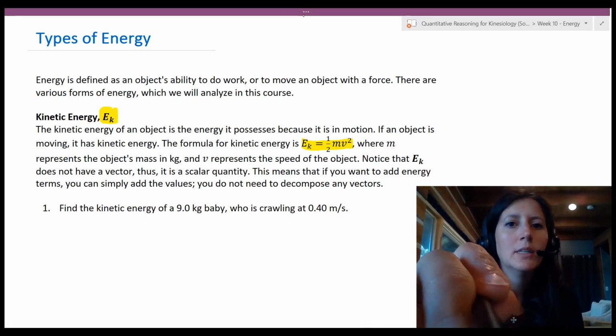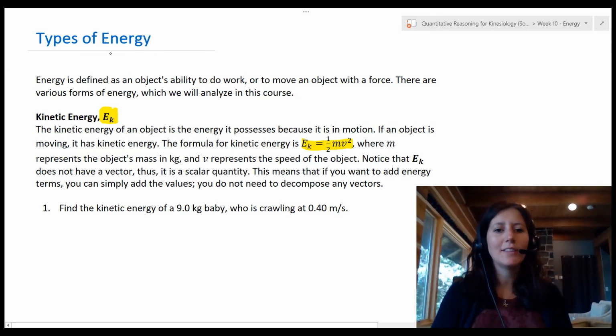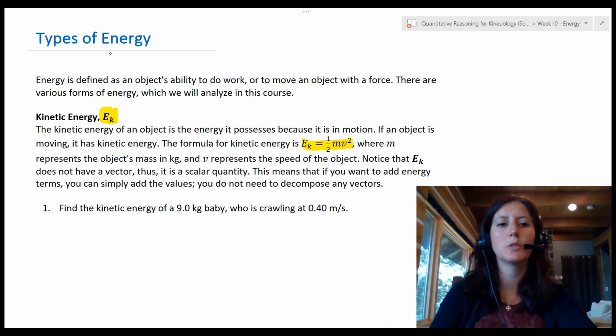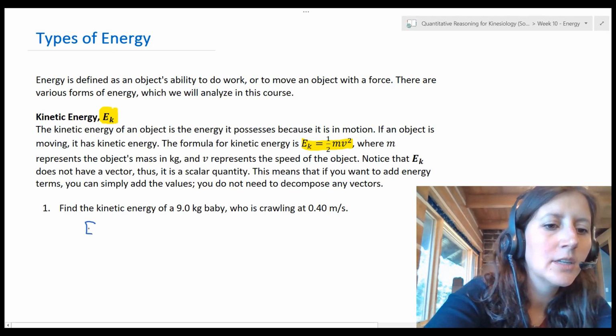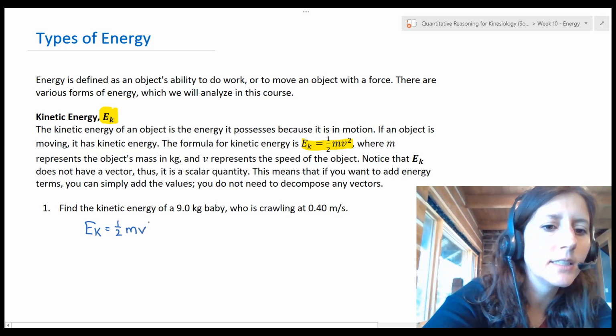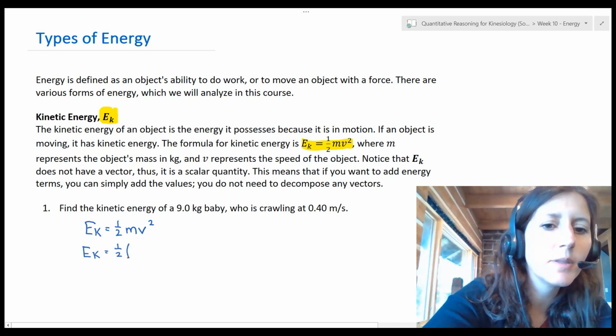Very simple one. The question says, find the kinetic energy of a 9-kilogram baby who is crawling at 0.40 meters per second. So we're simply just using the formula for kinetic energy, EK equals 1/2 mass velocity squared. And we're just going to sub in all the values that we know. 1/2 the mass of the baby.